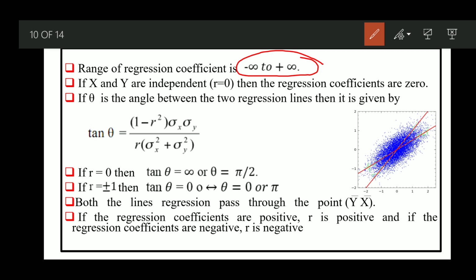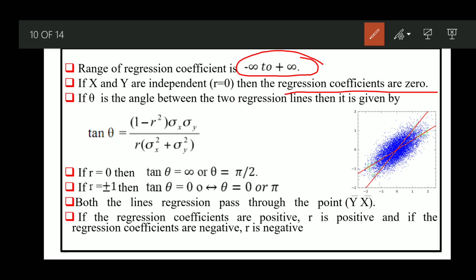Now, if x and y are independent, then the correlation coefficient will be equal to 0. In that case, the regression coefficient will also be equal to 0.